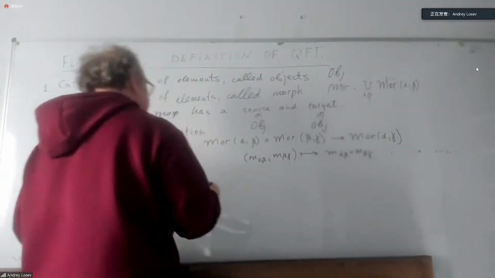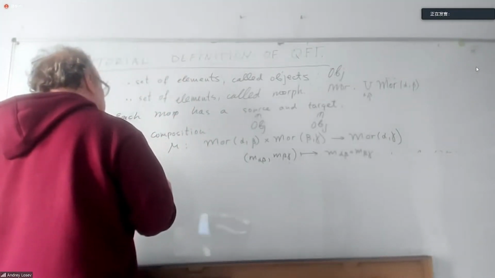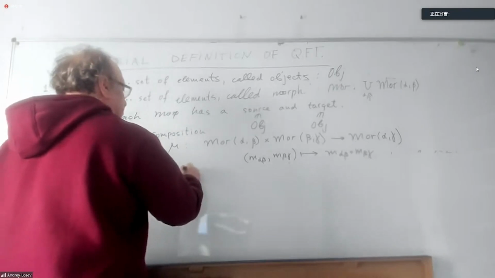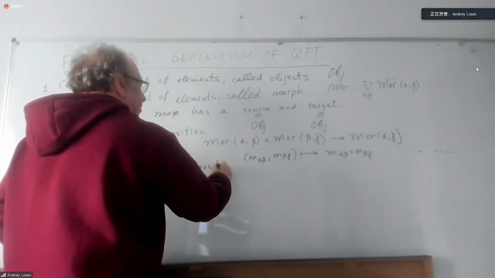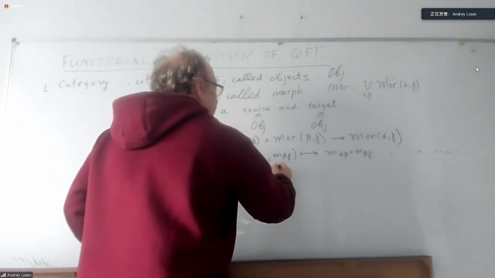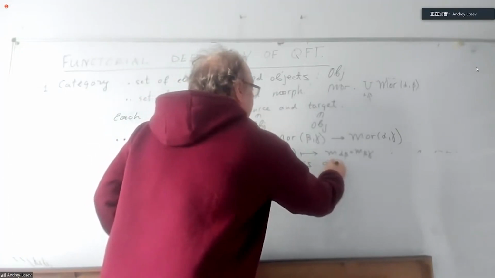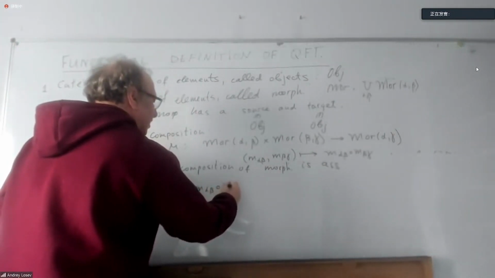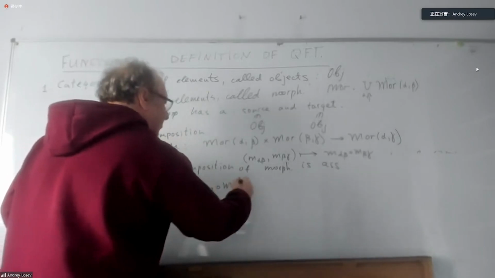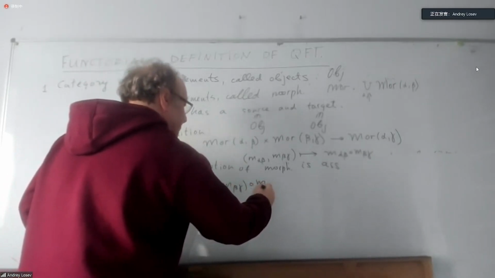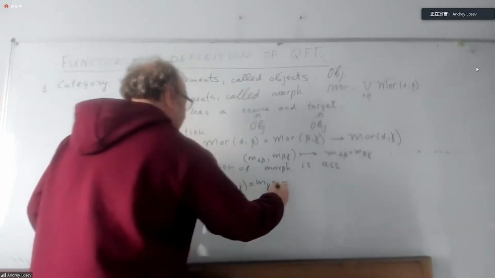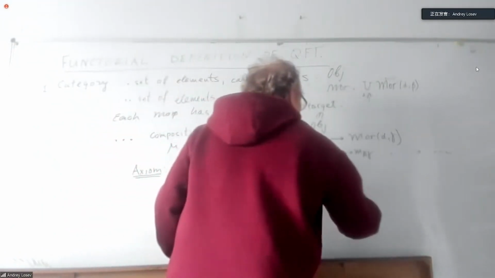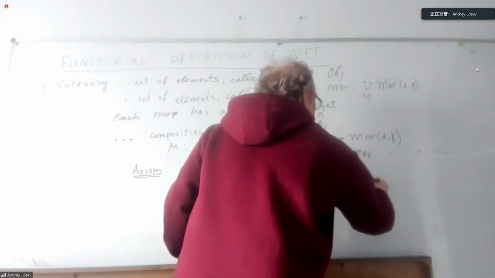Now, axiom. Composition of morphisms is associative. So M alpha beta composed with M beta gamma composed with M gamma delta equals M alpha beta composed with M beta gamma composed with M gamma delta, with either bracketing.